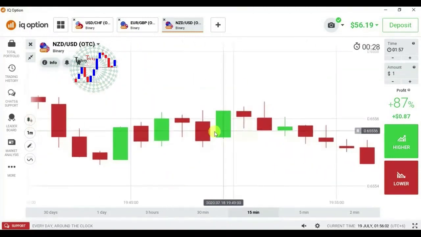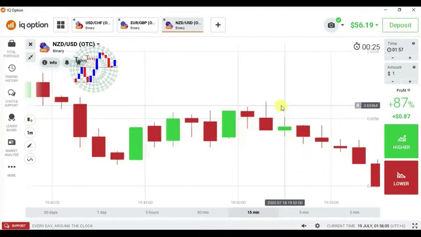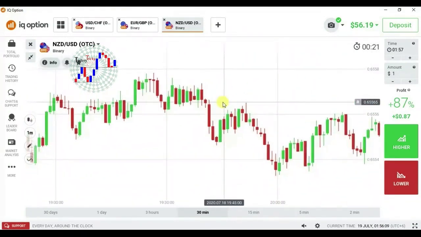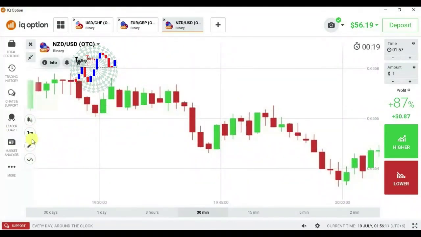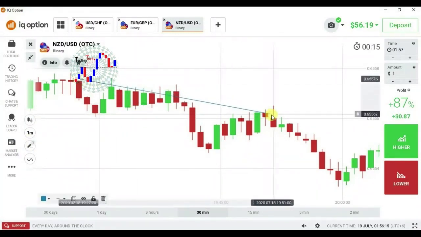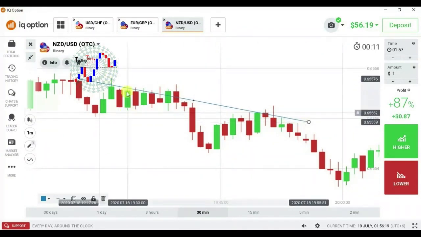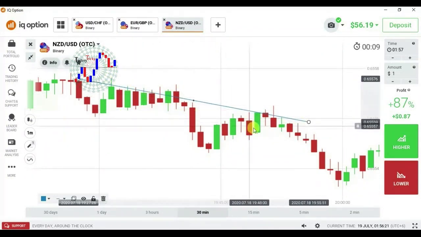Let's see. This is a buyer's pressure, but you need to check the trend too. This is a buyer's pressure, but where the candle closes, you need to draw the level. You can see gradually it's matching this line. Candle closes here.